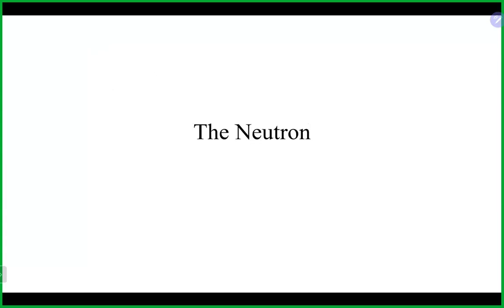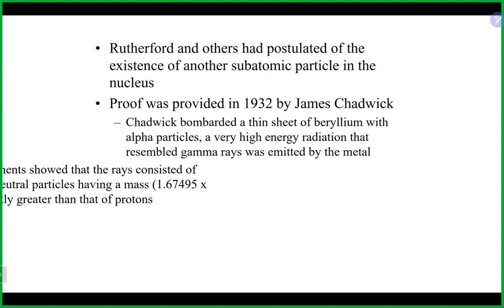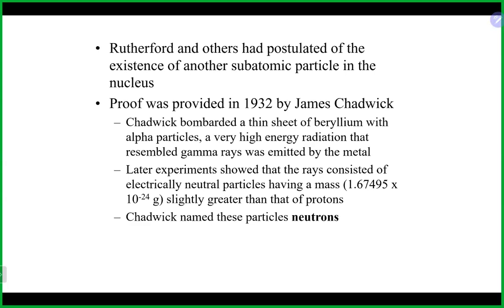Now, for a lot of time, there was always a belief that in addition to electrons and protons, there was another sort of subatomic particle involved in the atom, and that was the neutron. And it really wasn't until the 1930s that a guy by the name of Chadwick basically discovered the neutrons.